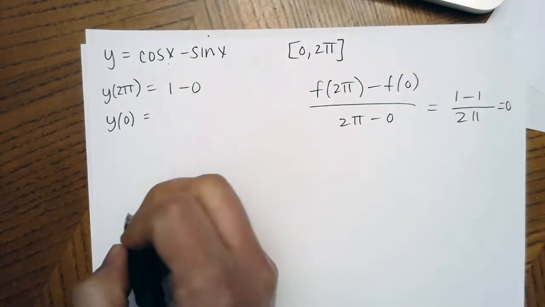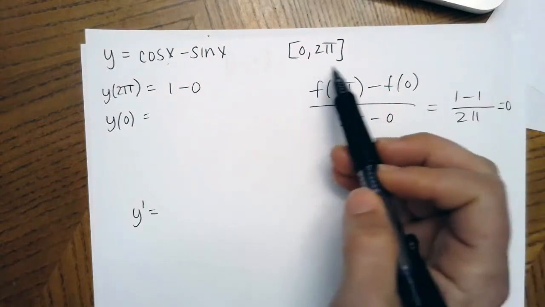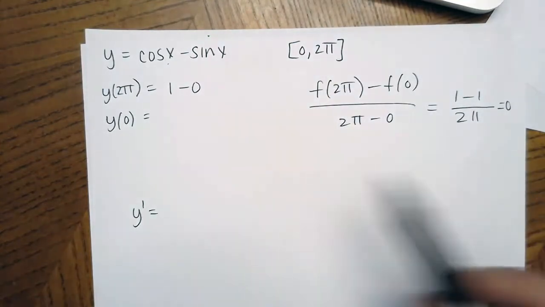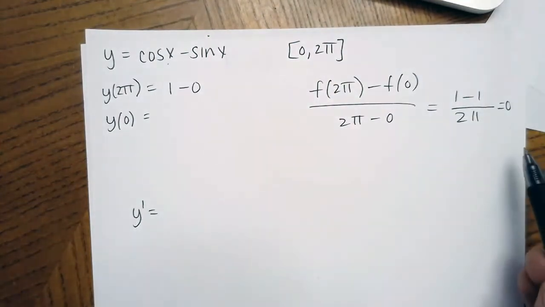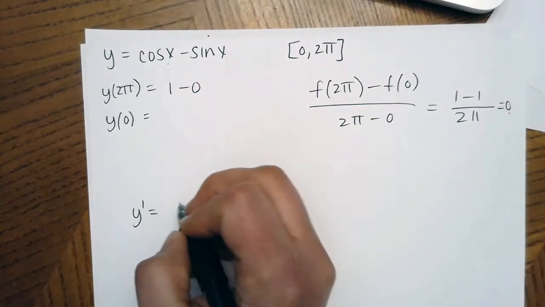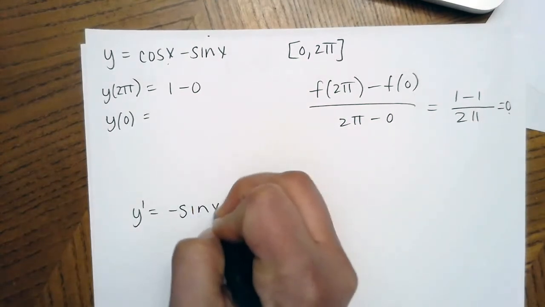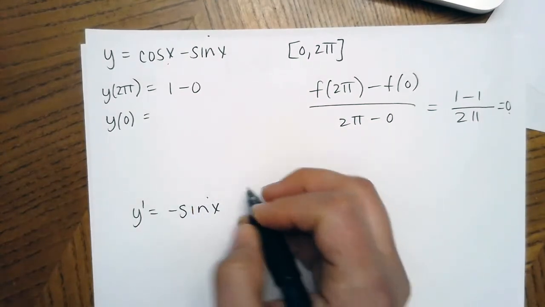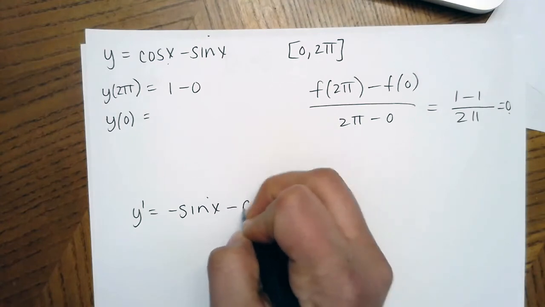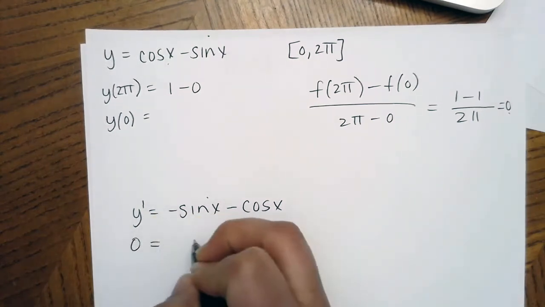We need to find y prime and find out, hopefully, there's some value between 0 and 2 pi where the derivative is equal to 0, because that's the slope that we calculated here. So y prime: the derivative of cosine is negative sine of x, and the derivative of sine is cosine, so I have both of them negative. This time I want it to be equal to 0, so I'm going to put 0 over here.